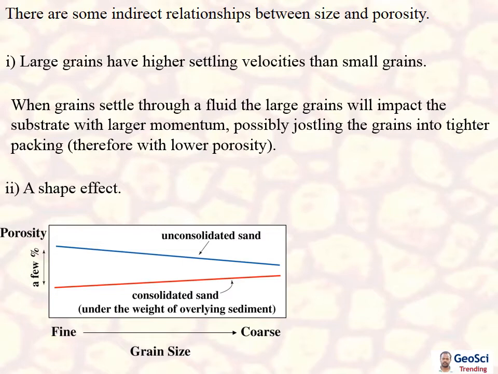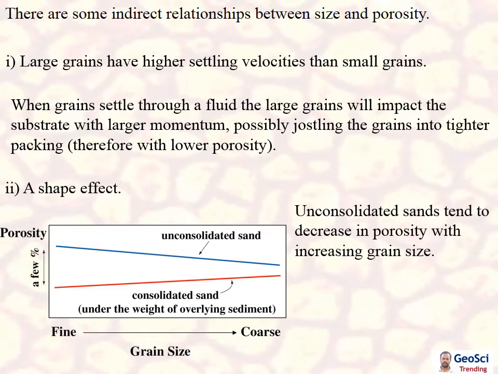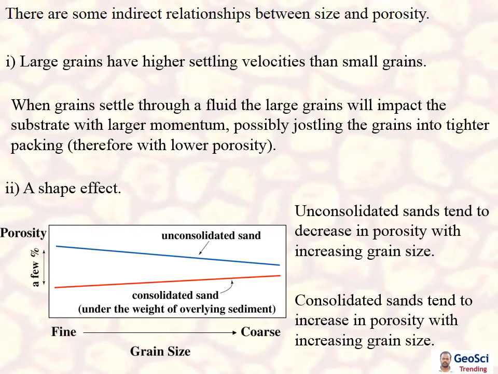Now let's see this figure. When we compare grain size from fine to coarse, unconsolidated sand tends to decrease in porosity with increasing grain size. Consolidated sand tends to increase in porosity with increasing grain size.